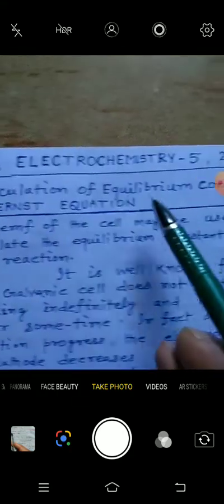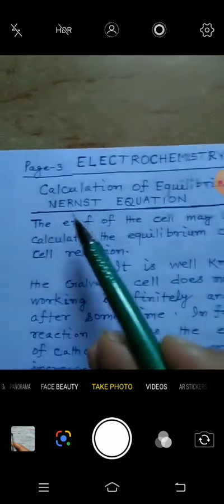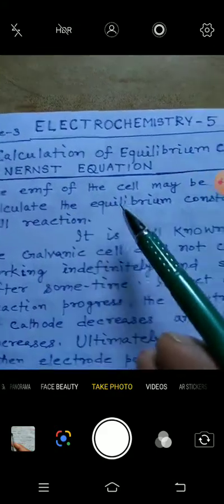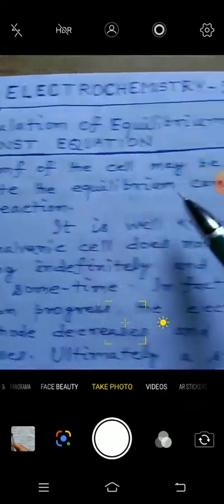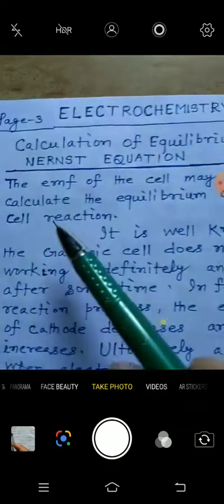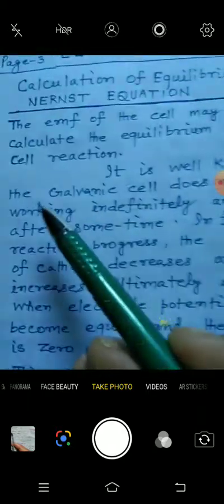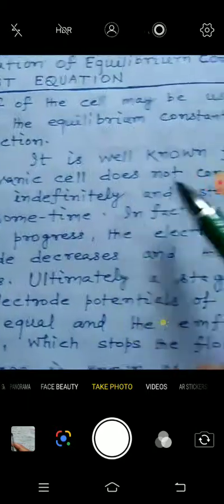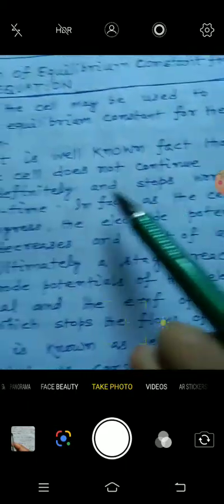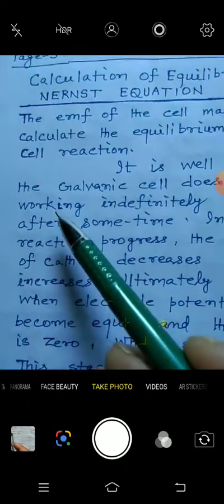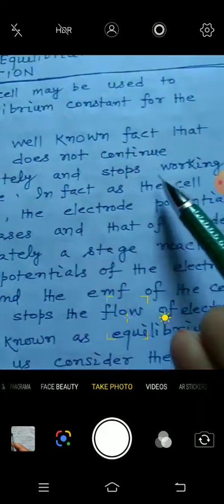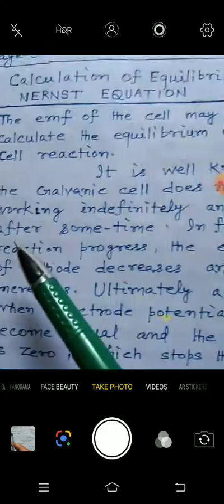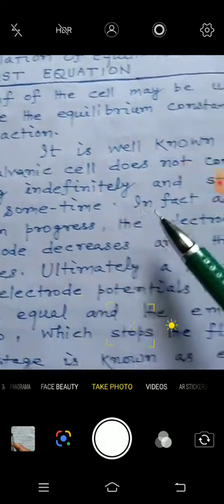Now, calculation of the equilibrium constant from the Nernst equation. The EMF of the cell may be used to calculate the equilibrium constant for the cell reaction. It is a well-known fact that a galvanic cell does not continue working indefinitely and stops working after some time.